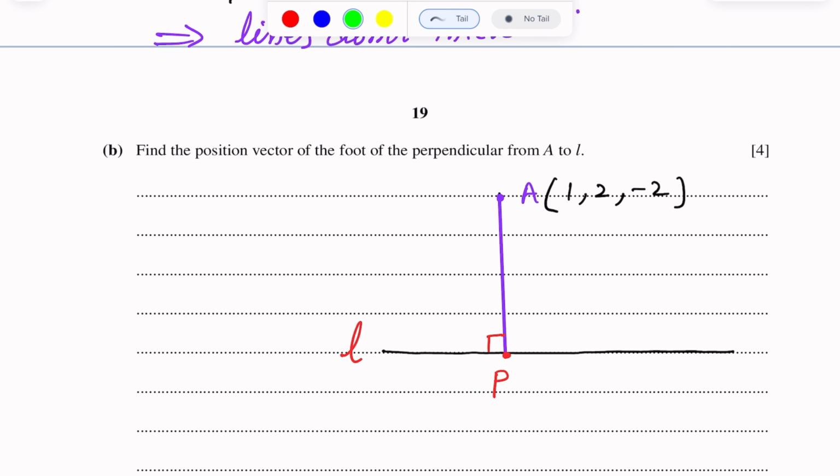AP as a whole is perpendicular to this line and point P is the foot of perpendicular.